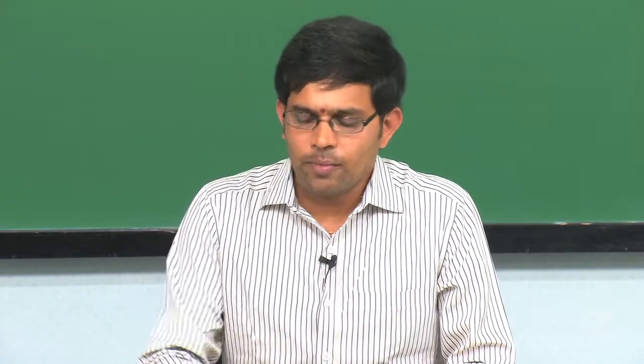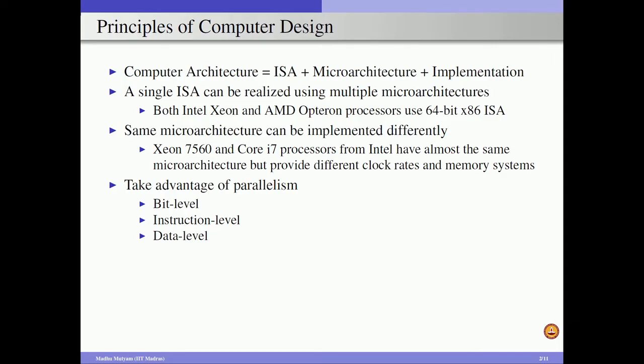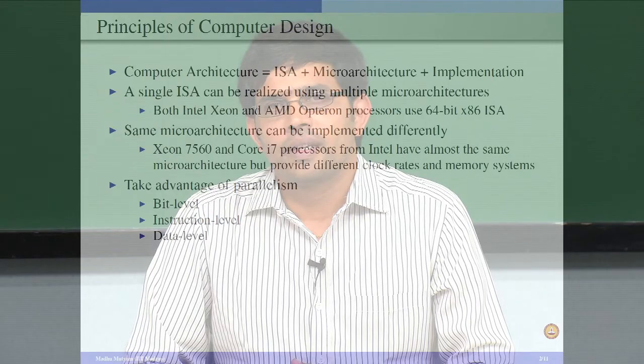After instruction level parallelism, the next level of parallelism we can exploit is at the data level. For example, if you consider a graphics application, we may not always need operations to be performed on 32-bit data; most of the time it may be byte level data, 8-bit data, and so on. You can perform a single operation on multiple data items. In other words, operations can be performed on a data stream.